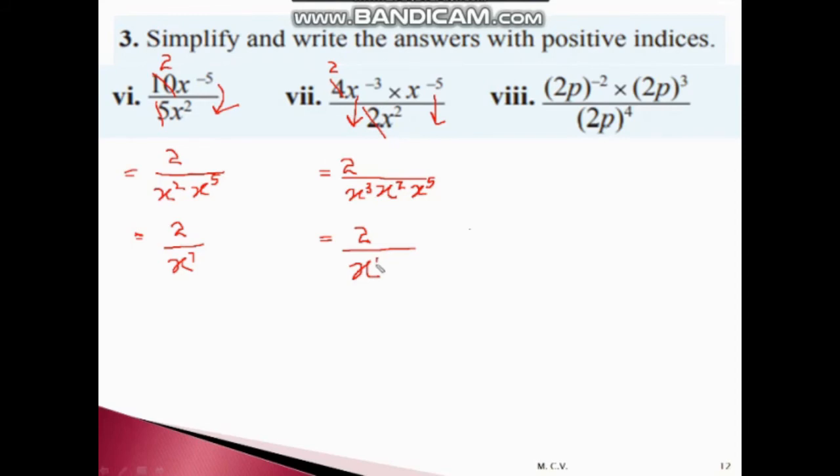2p to the power minus 2, 2p to the power plus 3, 2p to the power plus 4. Move 2p to the power minus 2 to the bottom to convert into positive index form. 2p to the power 3 in the numerator. 2p to the power minus 2 becomes 2p to the power plus 2.